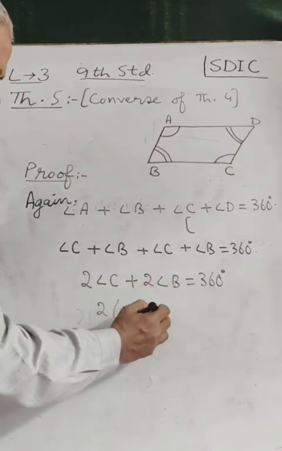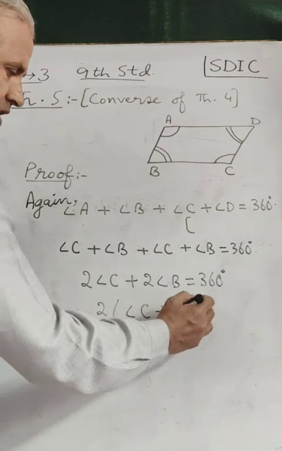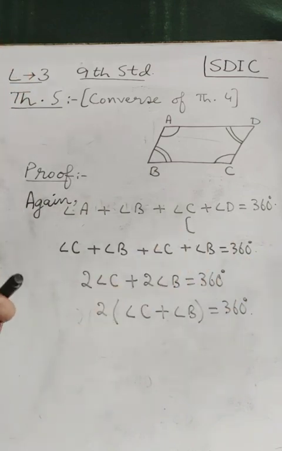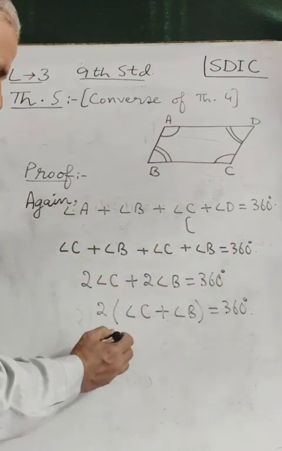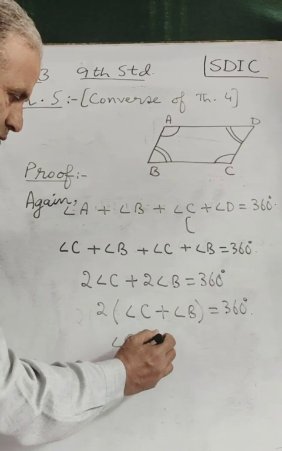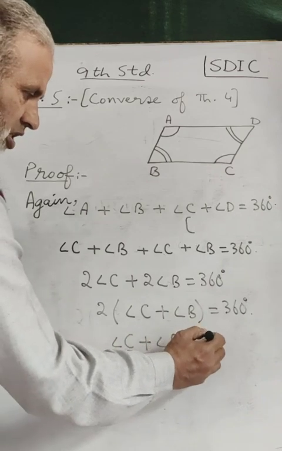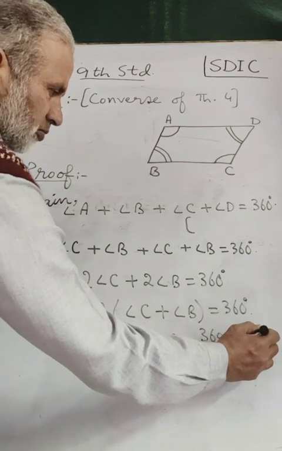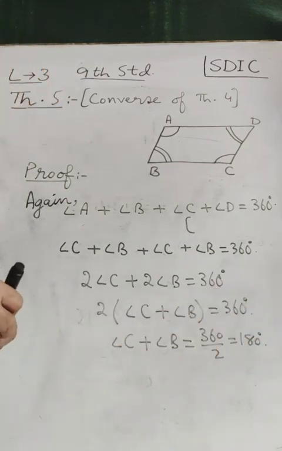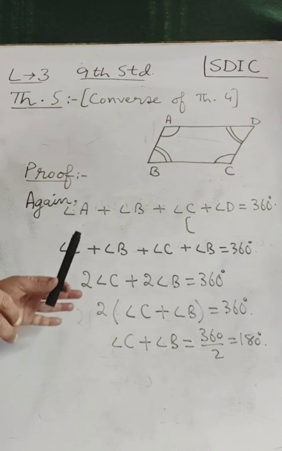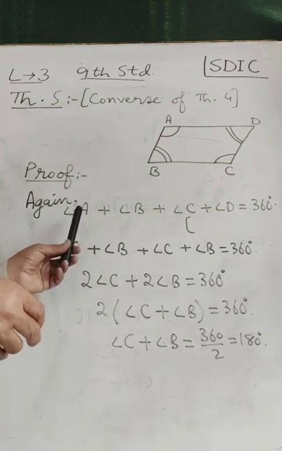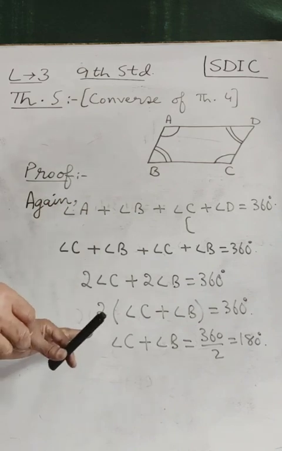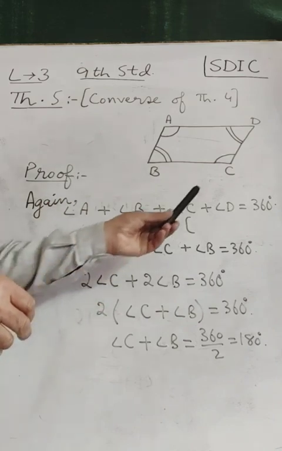Bracket will contain angle C plus angle B is equal to 360. Then transpose 2, we will again get angle C plus angle B equal to 360 by 2. This is again 180. Procedure is same, steps are same. The only thing that changed is only one out of the two we eliminated in the previous case was eliminated now. This time, instead of that, we eliminated angle D.